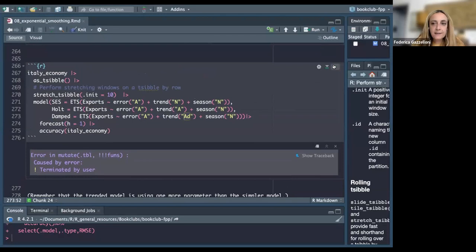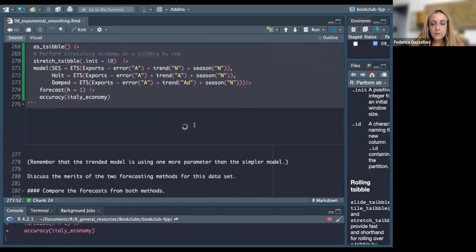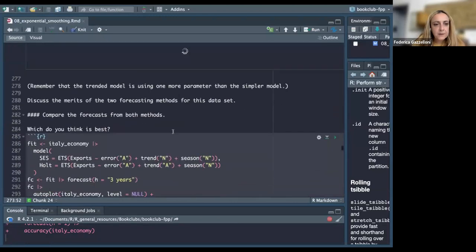This might take a bit, because of the connection, I think. So anyway, it says to discuss the metrics of the two forecasting methods for this data set.